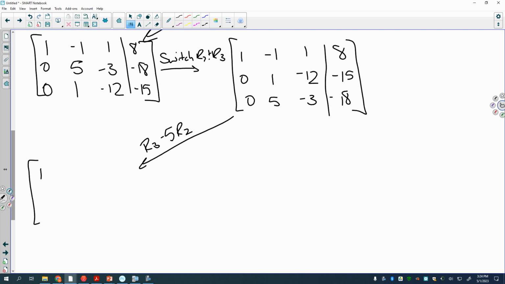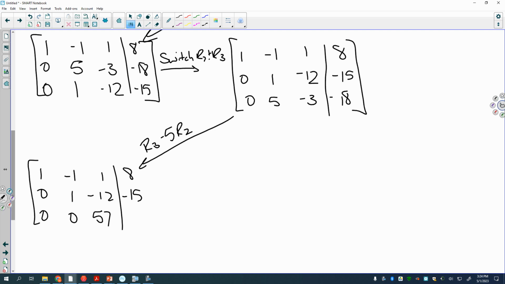So the first row I haven't done anything with. The second row I'm leaving alone now. And then row 3, well, that's 0 minus 0. And then it's going to be 5 minus 5, so that's a 0. And it's negative 3, and it ends up being plus 60, which is a 57.